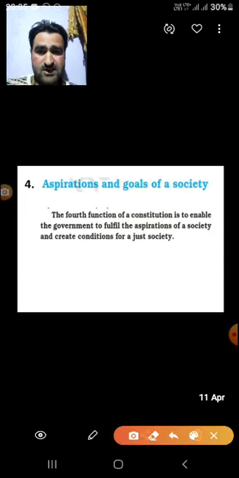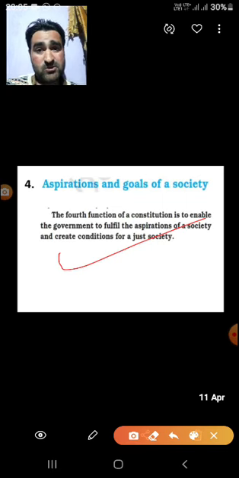The fourth and also a very important function of the constitution would be aspirations and goals of a society. The fourth function of the constitution is to enable the government to fulfill the aspirations of a society and create conditions for a just society.